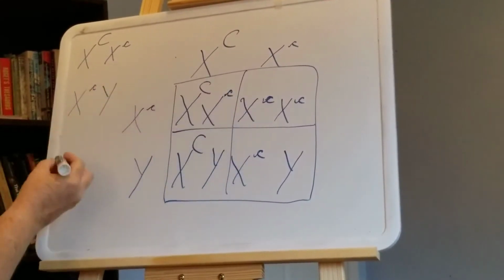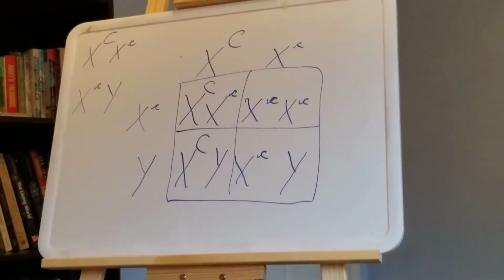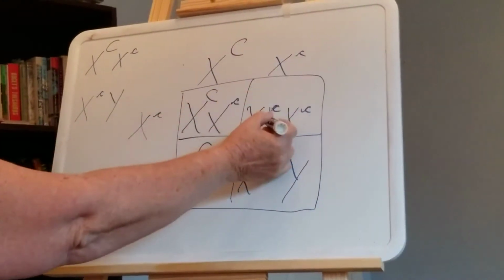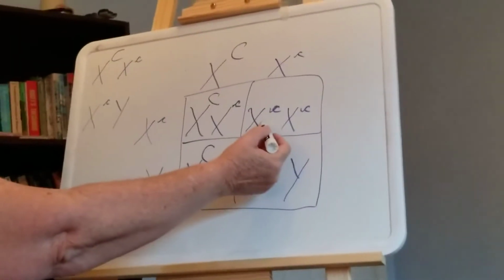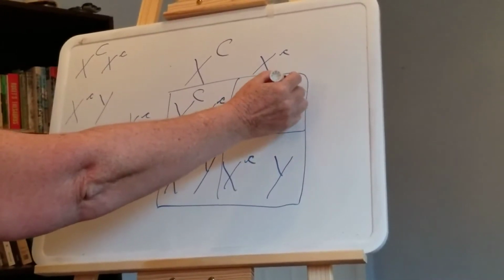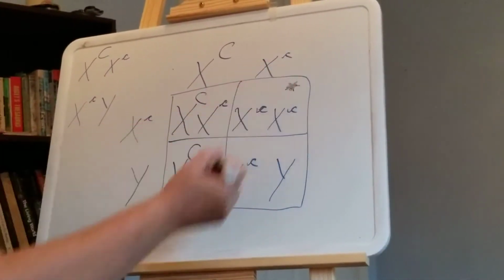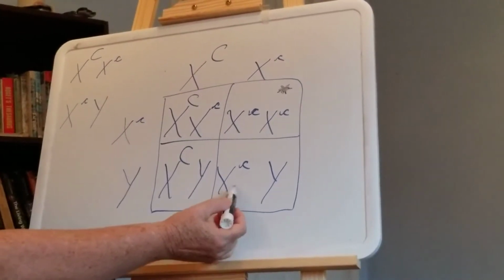So if you want to, you can word it a couple different ways. You could say that this individual is a female, has 2 X chromosomes, has 2 of the lowercase c's, so this individual is going to be colorblind. This individual, it's a male, XY.